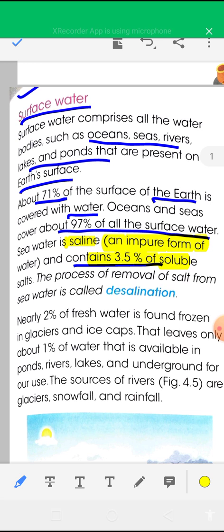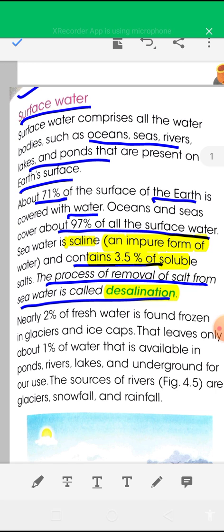The process of removal of salt from seawater is called desalination.